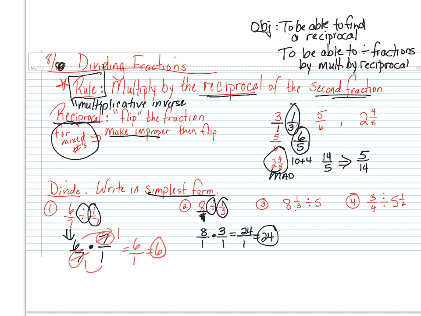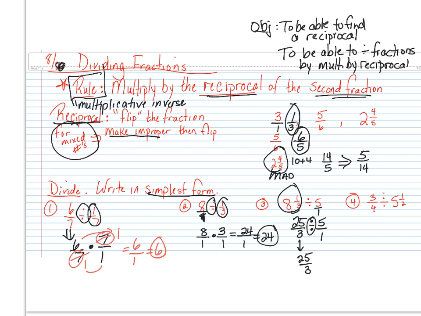Okay? Now notice number 3, the first number is a mixed number. We've got to get MAD. So 24 plus 1 is 25 over 3. I want you guys to write this step down. You're going to get so excited, but you have to write the second step down. That's 5 over 1. Now we're going to multiply by the reciprocal. Bring that one down, 25 over 3.